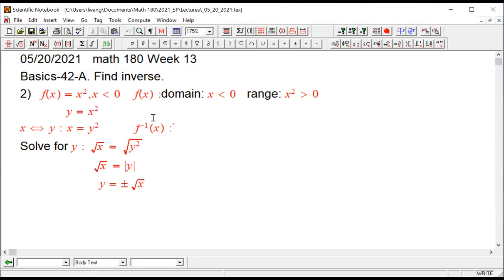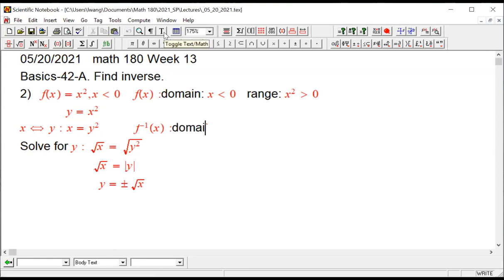The significance of the swapping is not only about symbols, it's about the swapping of domain and range.